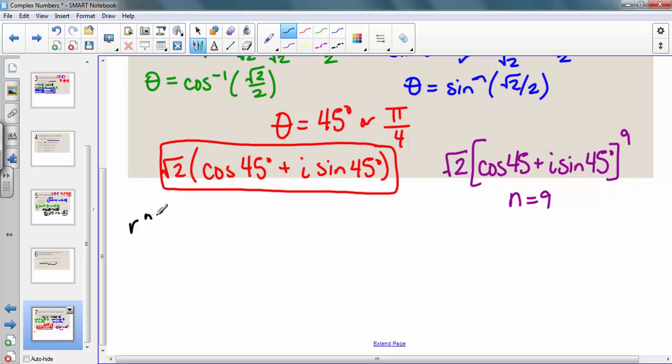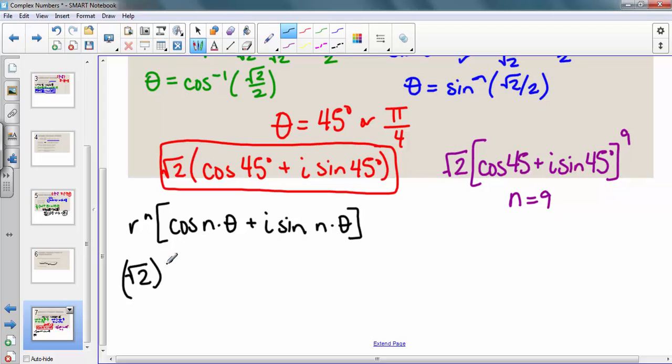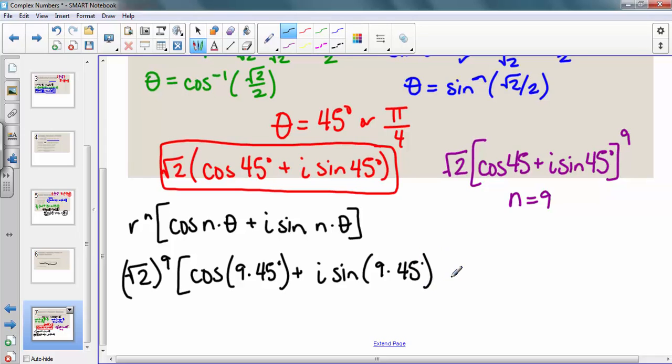Then using our formula r to the n, cosine of n times theta plus I sine of n times theta, we're going to get r, which is the square root of 2 to the 9th power times the cosine of 9 times 45 degrees plus I sine of 9 times 45 degrees.